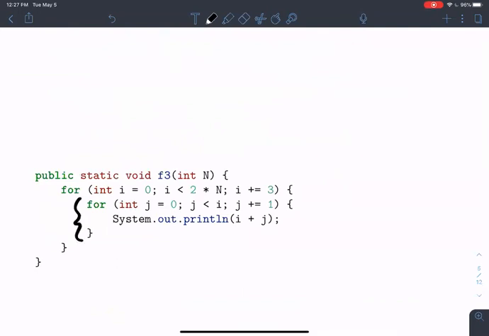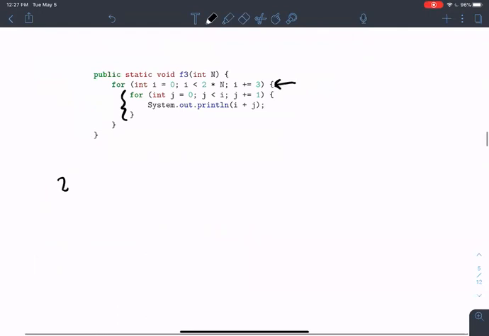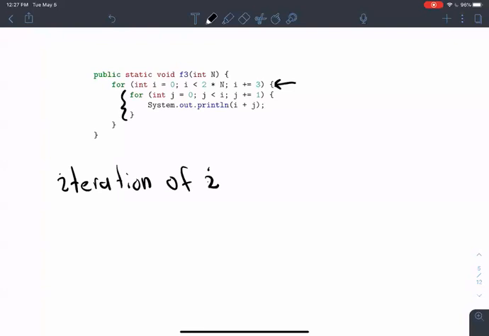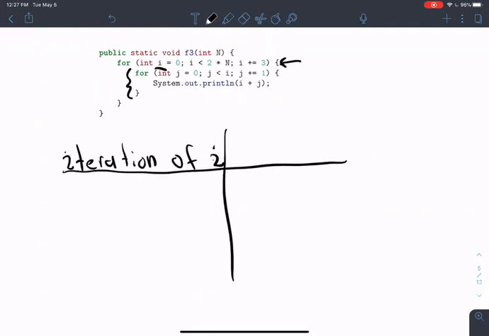This is the loop we're looking at, and it runs every time this outer for loop runs. So we want to figure out this. We're going to say iteration of i, and I said i because that's the variable of the outer for loop. At some iteration of i, how many times does the inner loop run? Or I'll just say, work at iteration i.